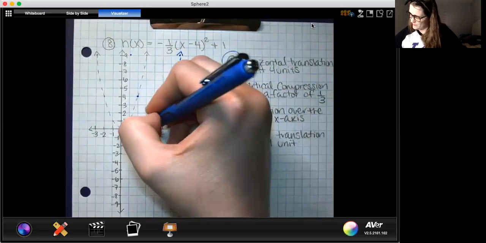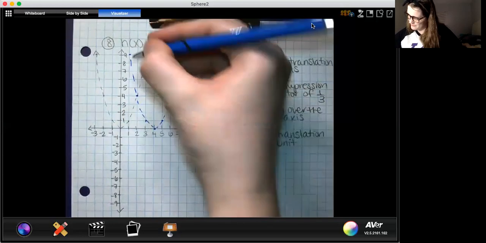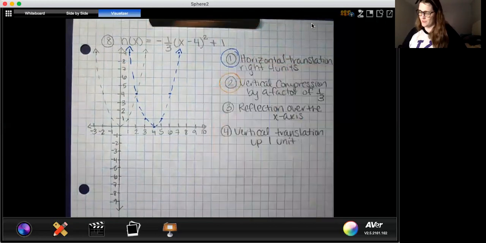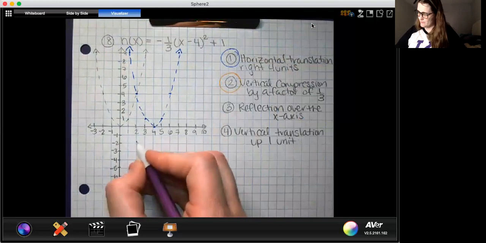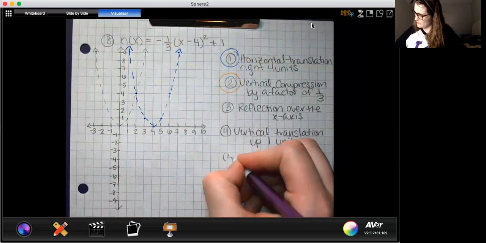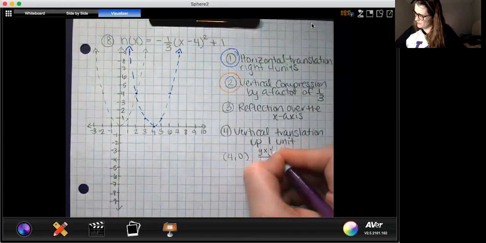And we have our horizontal translation. Next, we have our vertical compression, which is going to be orange. Let's look at our points. So we have (4, 0), and my y value is going to be multiplied by 1/3.